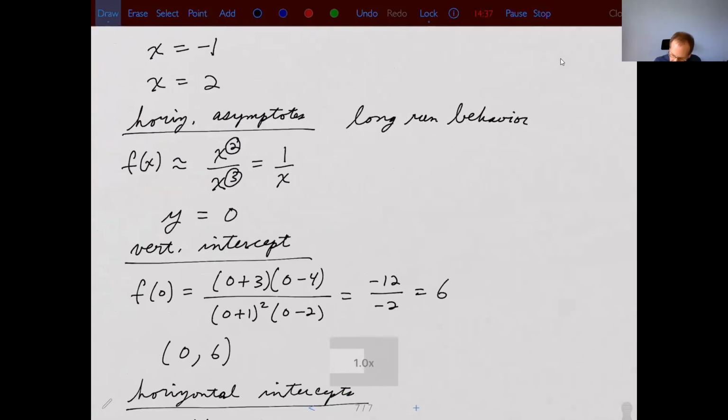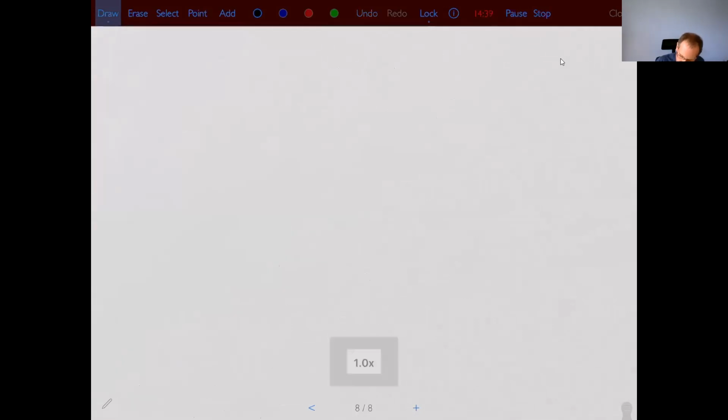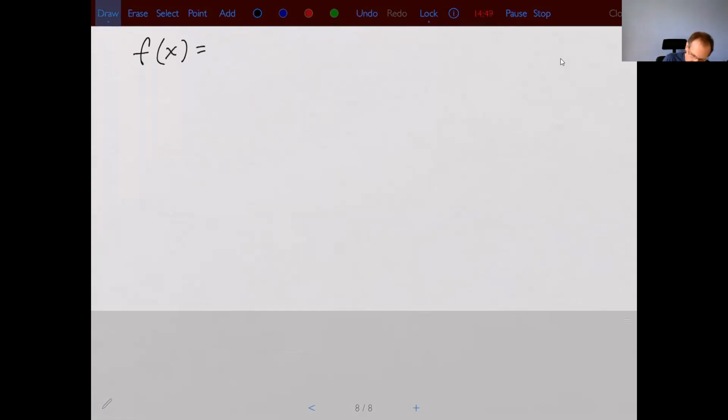So I'll do it on a new page. Okay, so again, remember that the function f of x was x plus 3 times x minus 4 over x plus 1 squared times x minus 2.